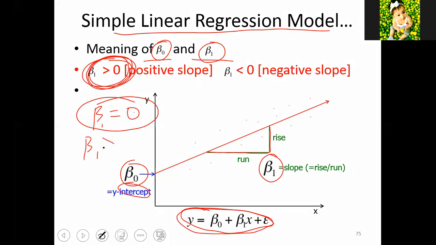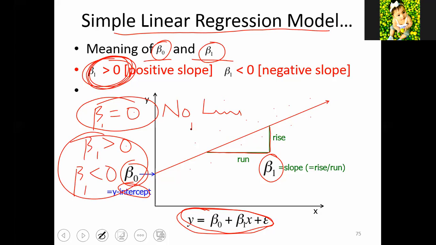Beta 1 could be greater than 0, or less than 0. Then we can say there is a linear relationship. This is what we want to test.